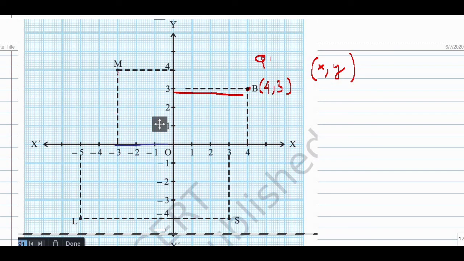The horizontal distance is 4 and the vertical distance is 3. And when we consider the point M, it's clearly in quadrant 2, and x is -3 and y is 4. And the next point is in quadrant 3 with x distance -5 and y is -4. And it is your turn to find the ordered pair for the next question.